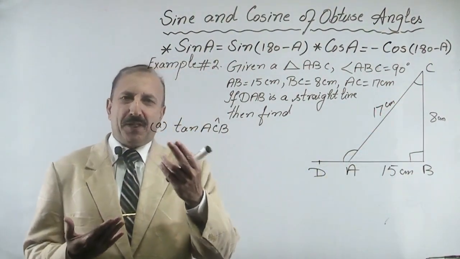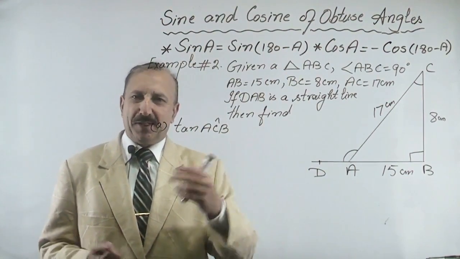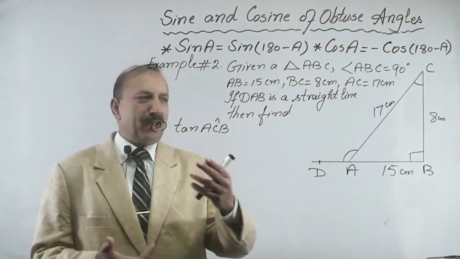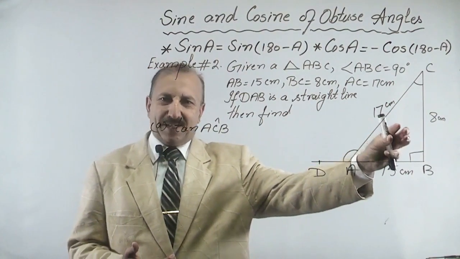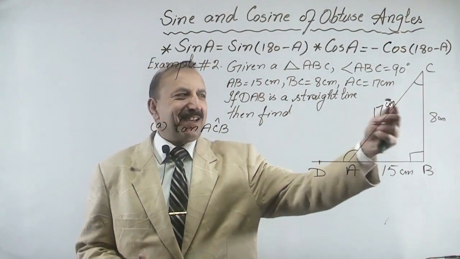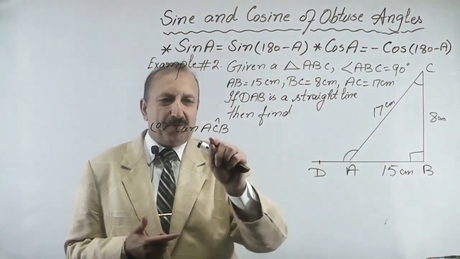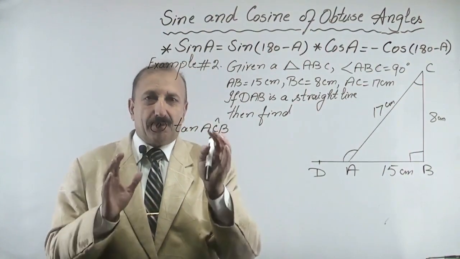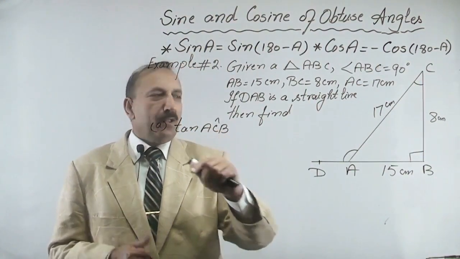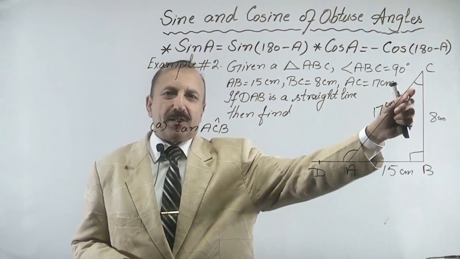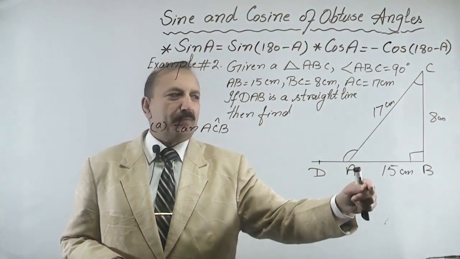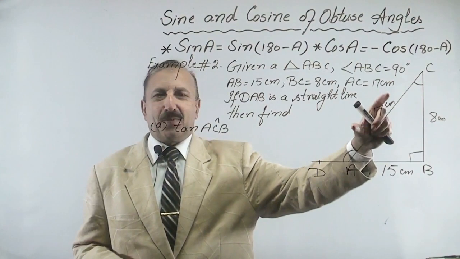Alright, so part A, we have tangent of ACB, my dear students. And to find its value, we are supposed to focus on the right angle triangle and assess its sides according to this angle C. So, according to this angle C, this is opposite, this is adjacent, and this is hypotenuse.